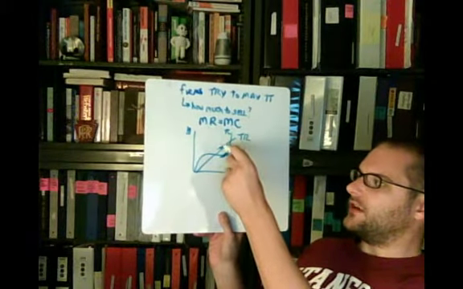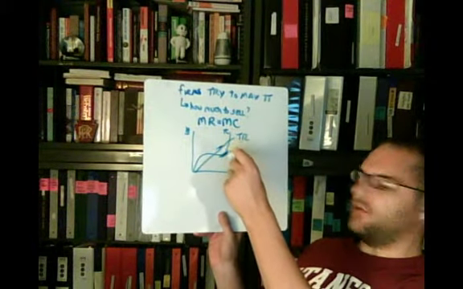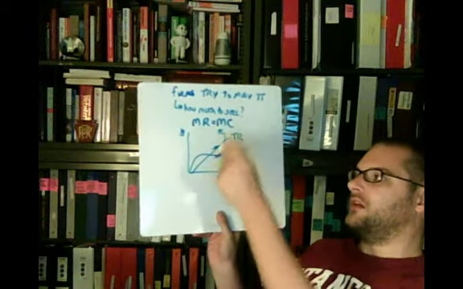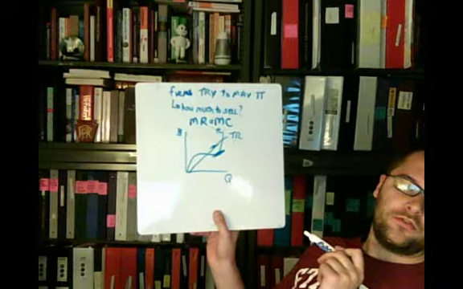If you can get those two lines equal in slope, they would be parallel to each other. And it would be the point where marginal revenue is equal to marginal cost. That would be the way that we're able to find how much is sold.